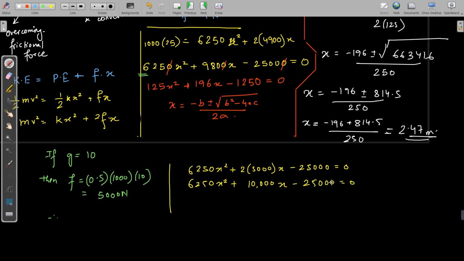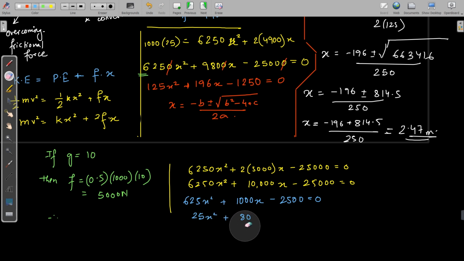Dividing, we would have got 625 x square plus 1000 x minus 2500 equal to 0. If I take 25 common, we would have got 25x square plus 80, right?